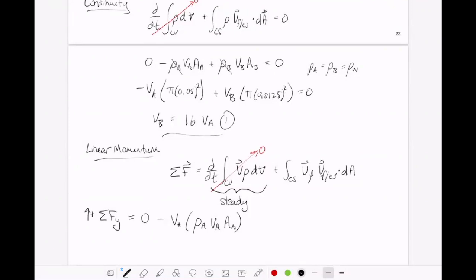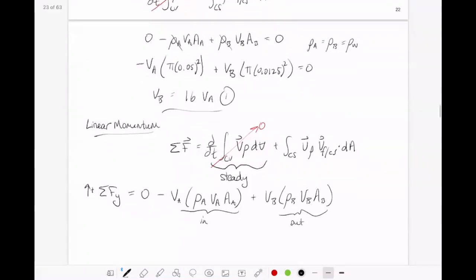So this is our inlet, plus the velocity at B, times rho B, VB times AB, which is our outlet.